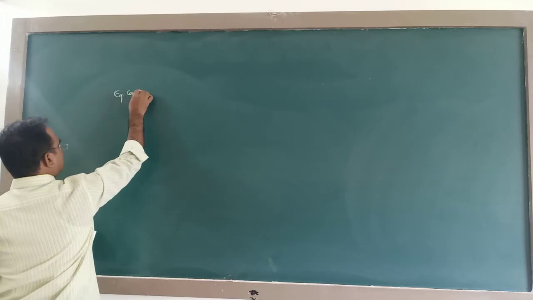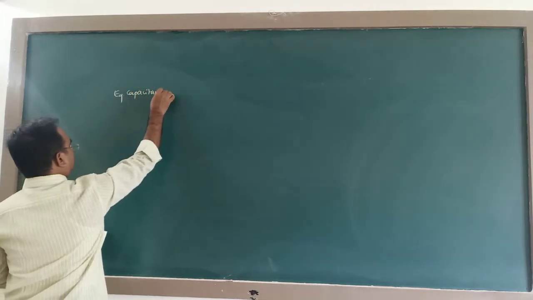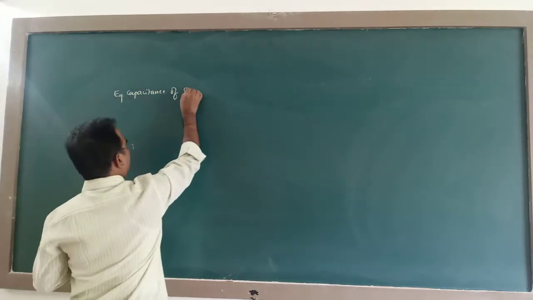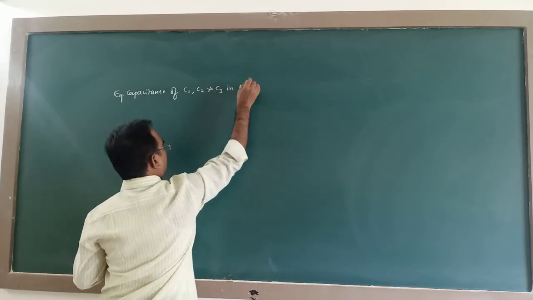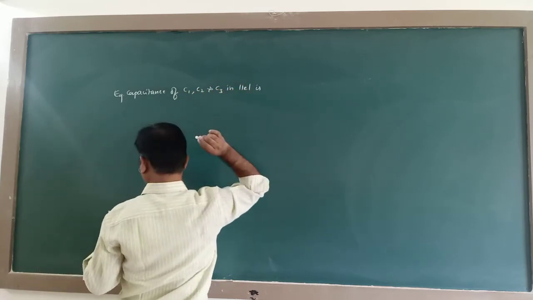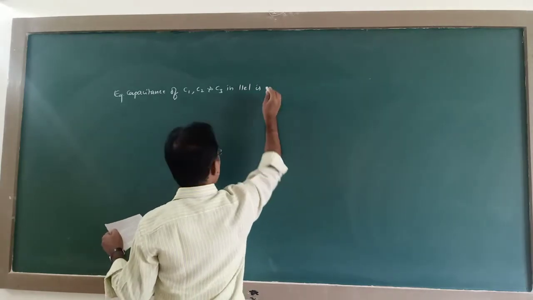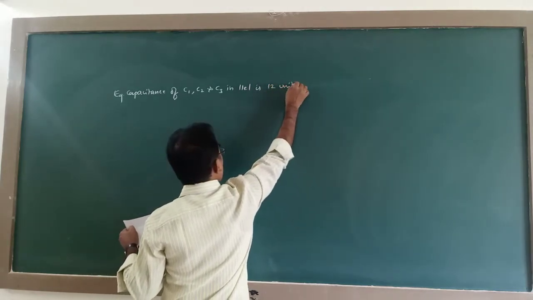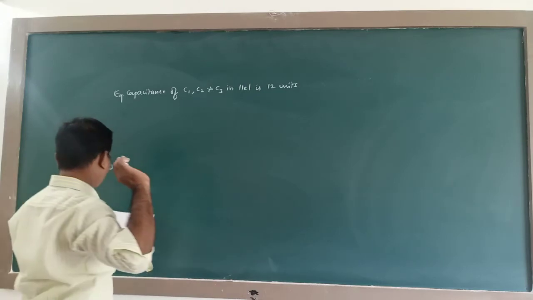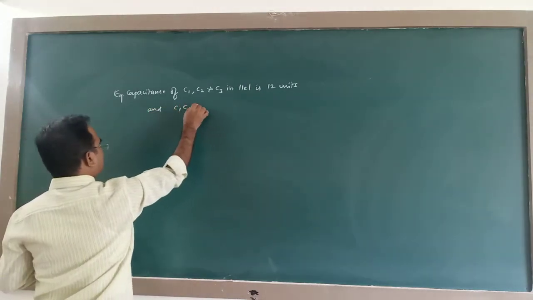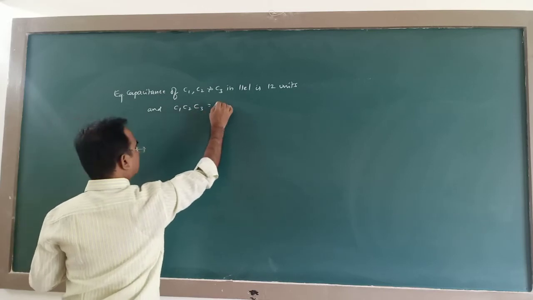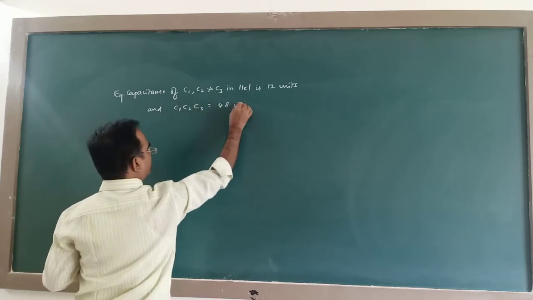Equivalent capacitance of C1, C2 and C3 in parallel is 12 units and the product C1, C2, C3 is 48.